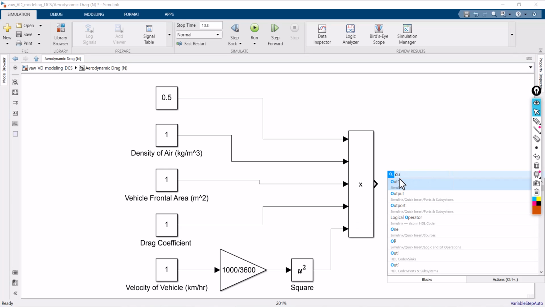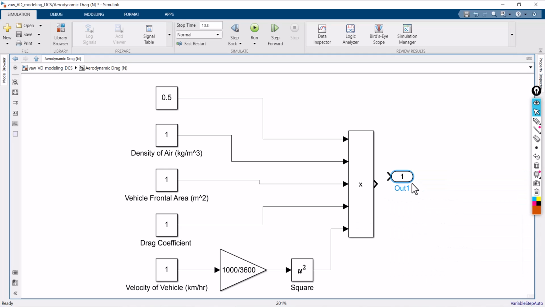You can take this signal out with the help of the out terminal. There will be FAD. Unit is Newton.